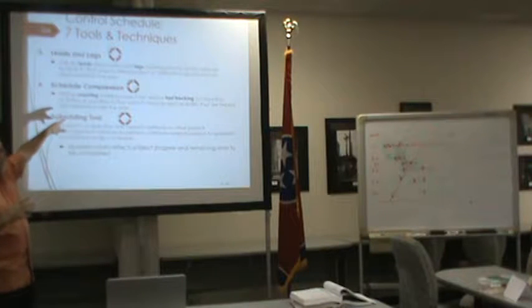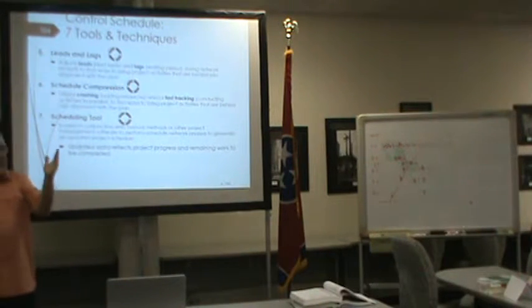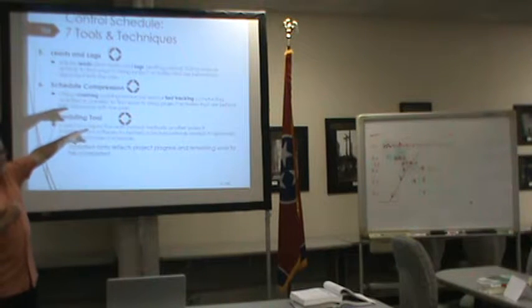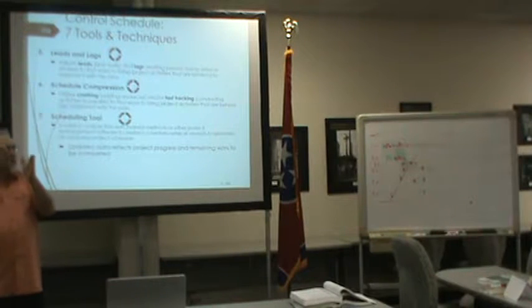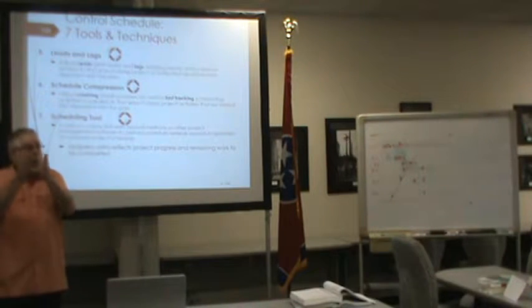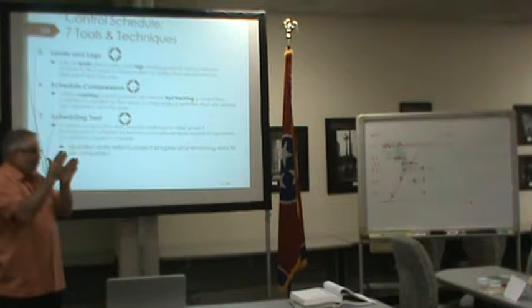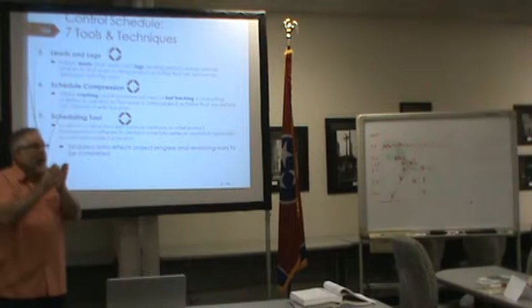One is crashing, which means I'm going to throw a bunch of resources on it and try to get that work done as quickly as possible. The other is fast tracking, which means I've planned for tasks to be done in series, but I'm going to pull them back and start this one that I was going to do in the future at the same time, and I'm going to work them in parallel.